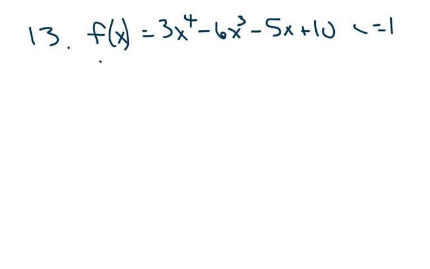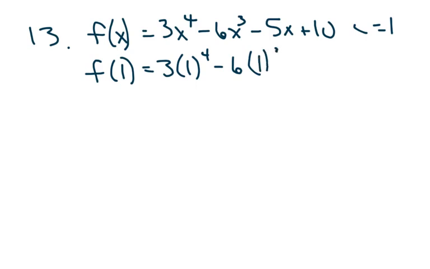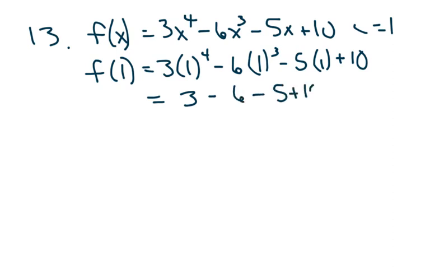So everywhere there's an x, I'm going to put 1. So we get 3 times 1 to the 4th minus 6 times 1 cubed minus 5 times 1. And wouldn't it be easy if they were all 1s? So that gives us 3 minus 6 minus 5 plus 10, which equals 2.